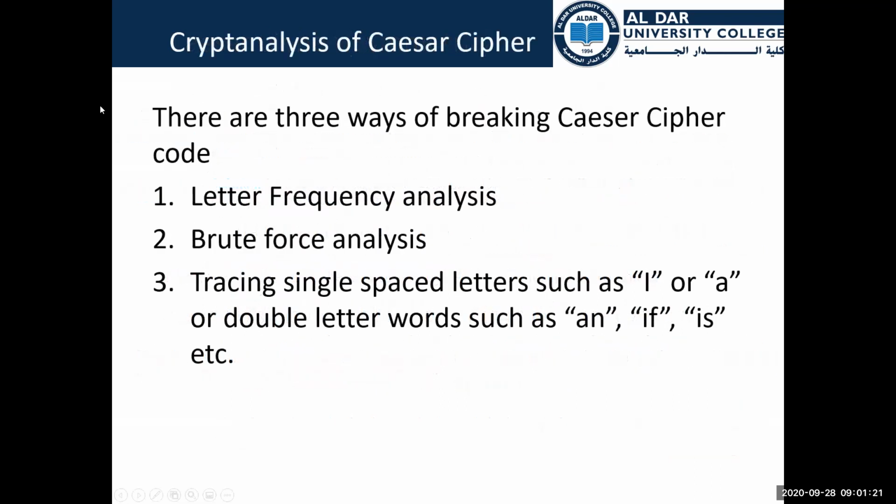We also looked at the side of the attacker. We said we can work like hackers against the Caesar cipher in three ways. We can use letter frequency analysis, brute force analysis, or tracing single letters such as I and A, or double-letter words like N, F, and so on.